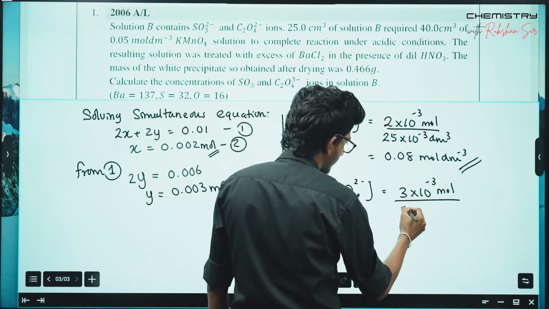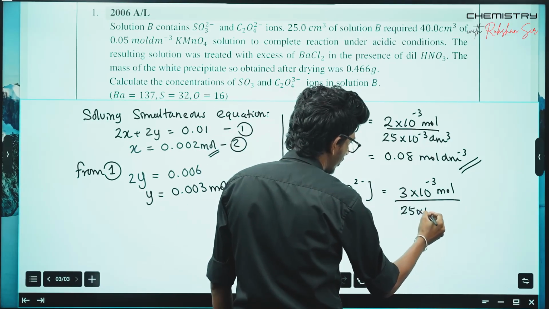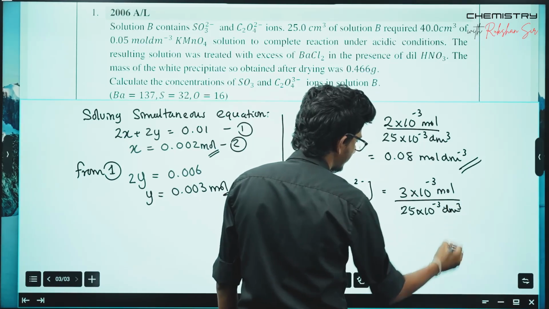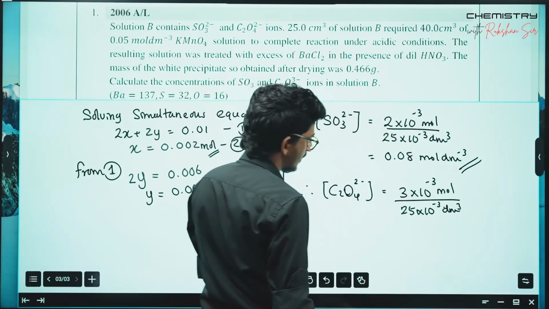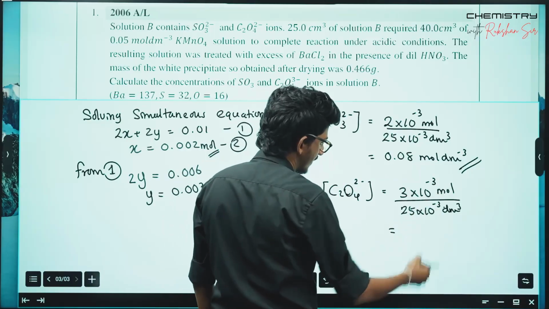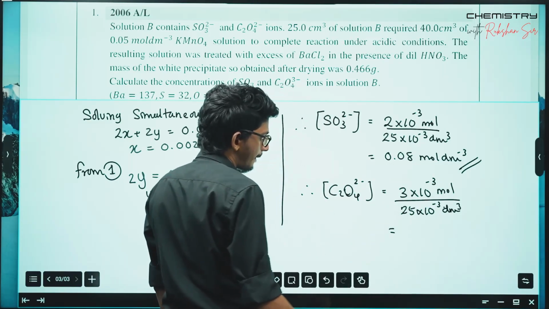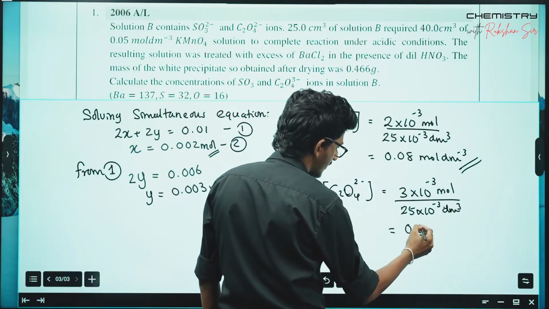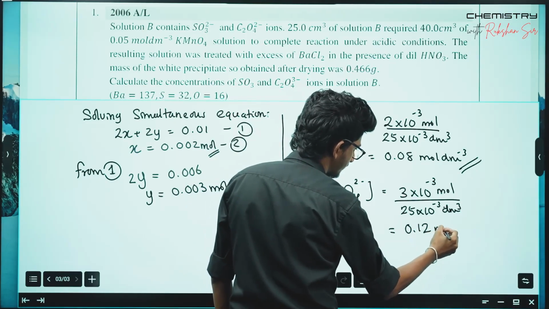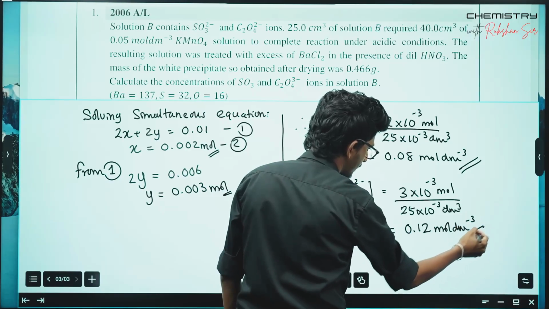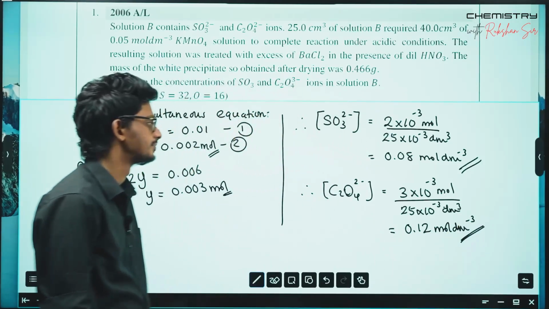The volume is 25 into 10 to the minus 3, the same volume, right? So the idea is that these things cancel off. 3 over 25 means 12 over 100, that is 0.12. So that is the concentration, right?